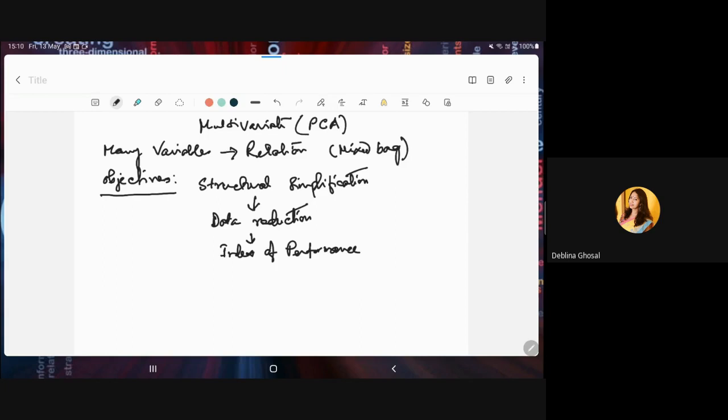From that performance you can find out which variable is important and which variable is less important. So this is one kind of thing, and basically factor analysis or PCA deals with this part.